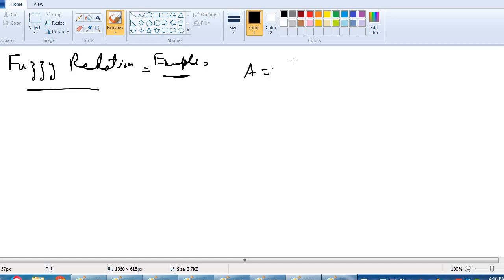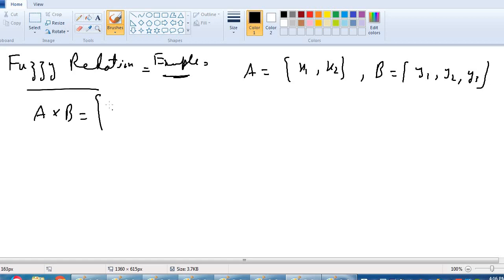Let A be x1, x2 and B be y1, y2, y3. So we get A cross B. We know that we take the first numbers from A and the second numbers from B, so we get A cross B: x1 y1, then x1 y2, then x1 y3.